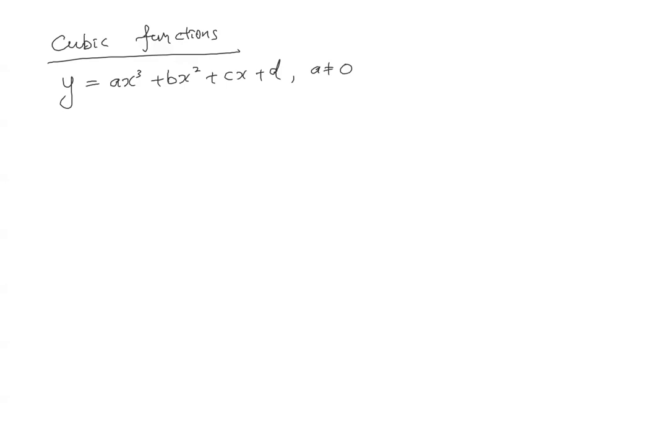Okay, now, if I give you a cubic function like this, y equal to 2x cubed plus 6x squared plus 13x minus 12. Okay, I say find the x-intercept. Do you know how to do this? So you just put y equal to 0.